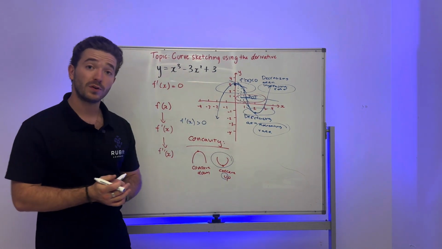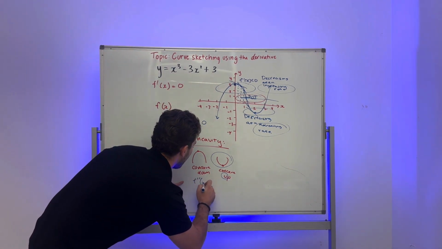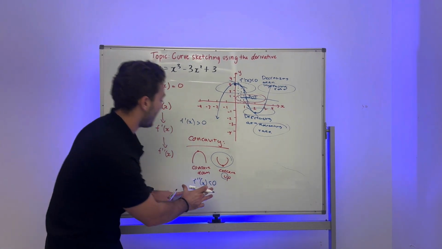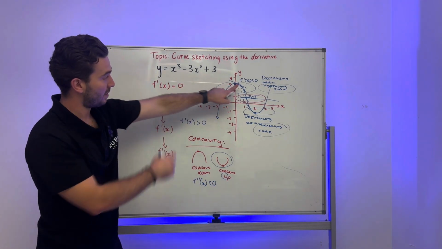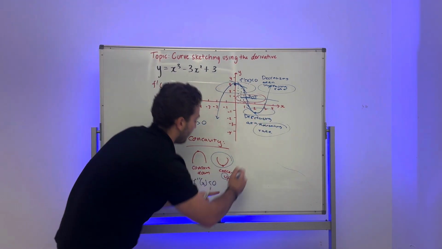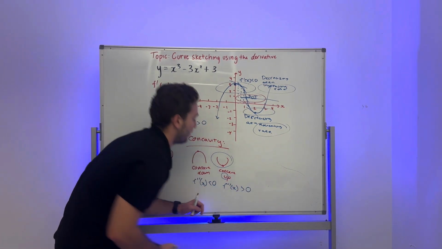Now, what is the rule for concave down? It is when we have f double dash x is less than 0, because we're decreasing at an increasing rate on that side. And when we have concave up here, we have f double dash x is greater than 0.